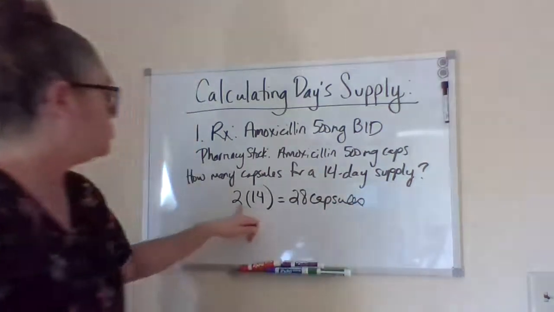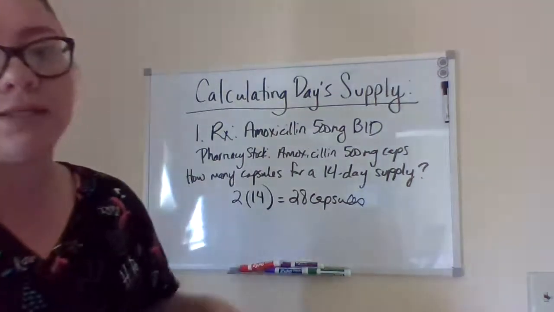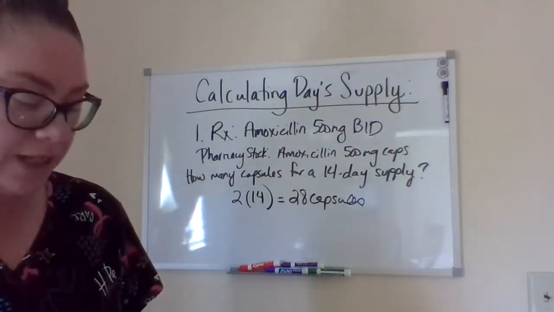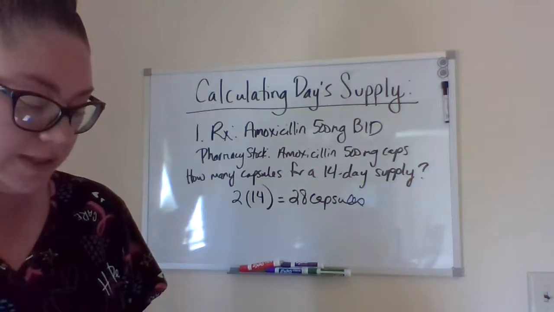So I'm going to take 2 times 14, all right, and that gives us 28 capsules. So that is how many I need to dispense for my patient to have enough to take twice a day for 14 days.